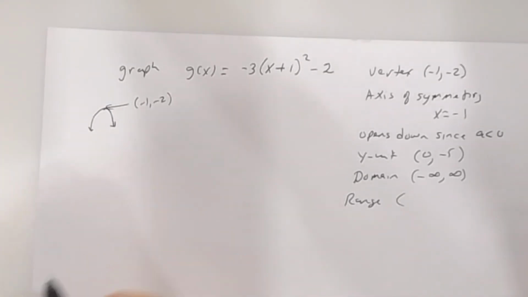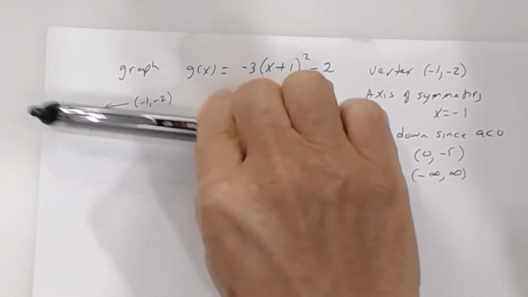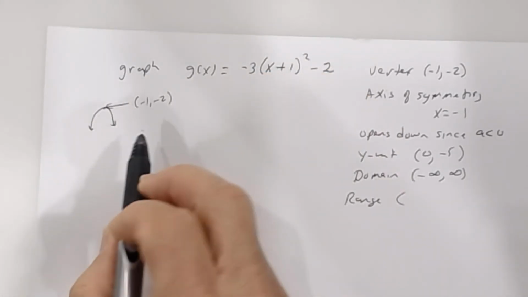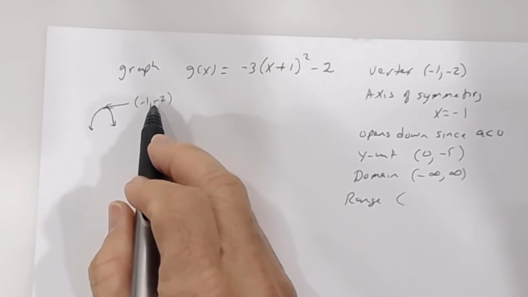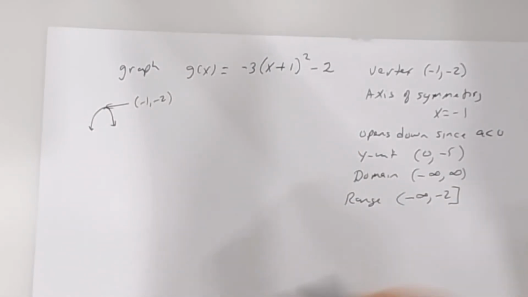So that's a relative max. My range goes from negative infinity all the way to this y value, because range is a set of y values. What's that y value? Negative 2. So negative infinity to negative 2 with a bracket. Okay, so let's go ahead and graph this. Use symmetry to help you now.